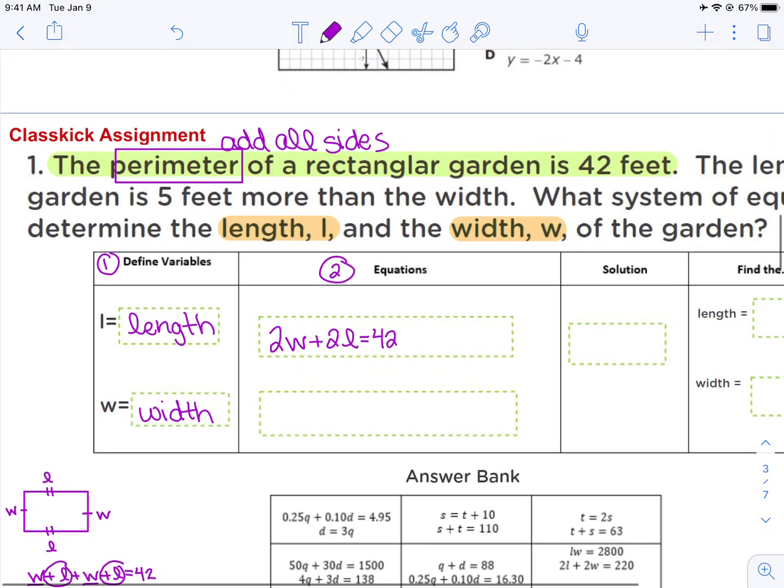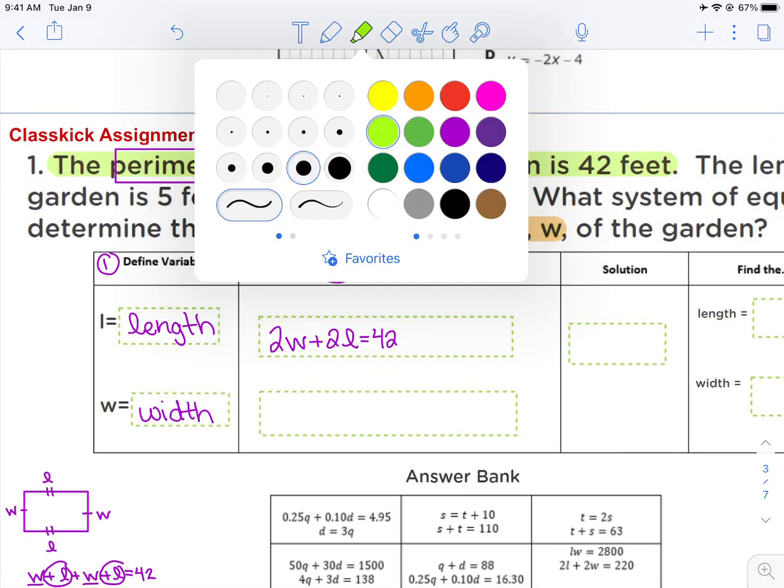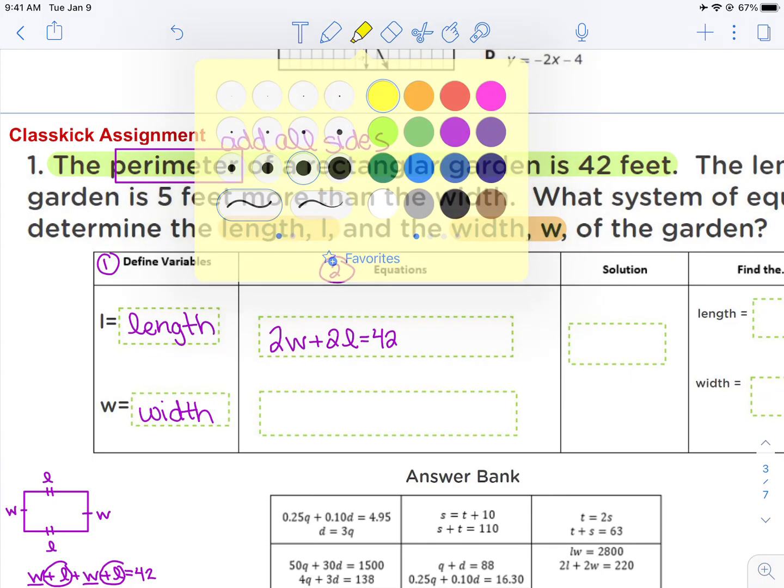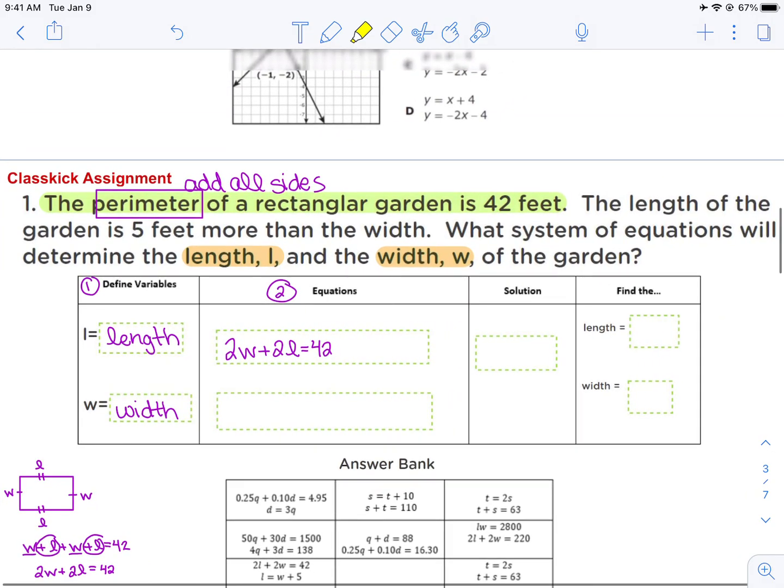Now I'm going to switch my highlighter color. Let's go to orange. Oh, no, we already used orange, so let's go to yellow. Now it says the length of the garden is 5 feet more than the width, which is telling me that the length is the longer side. So we want to start with L equals.